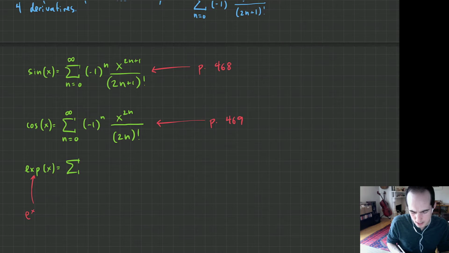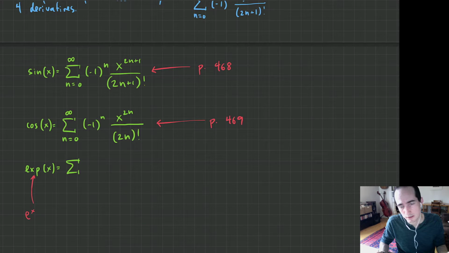And then this one's very straightforward. If you remember, this was one of the ones on the worksheet that I gave you a little while ago for Mr. McIntosh. The idea here is that the derivative of the exponential function is always going to be the same.